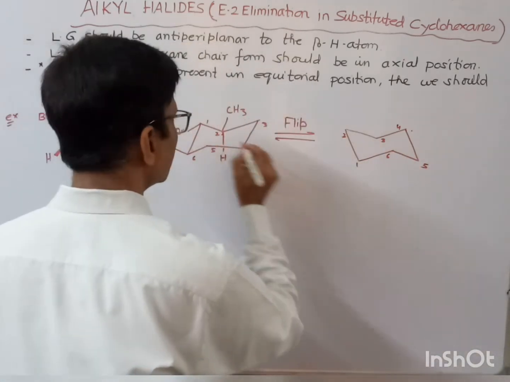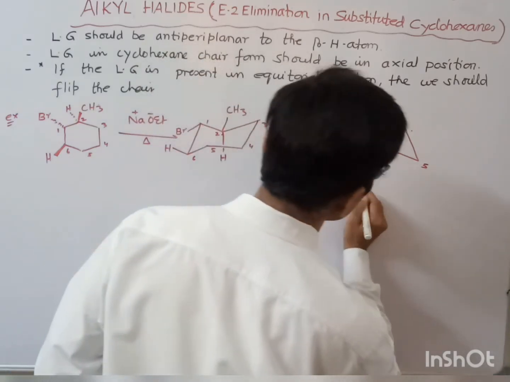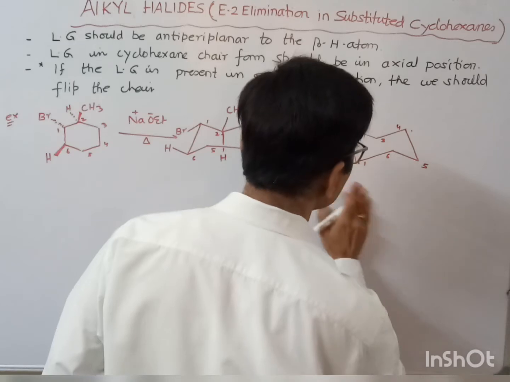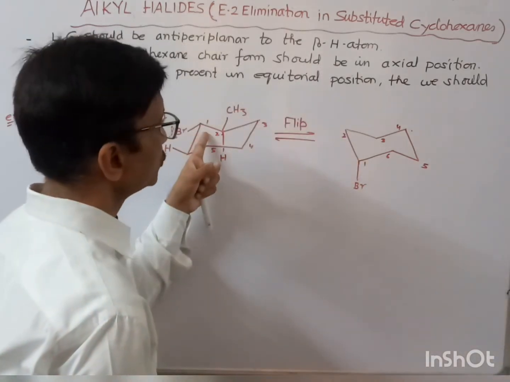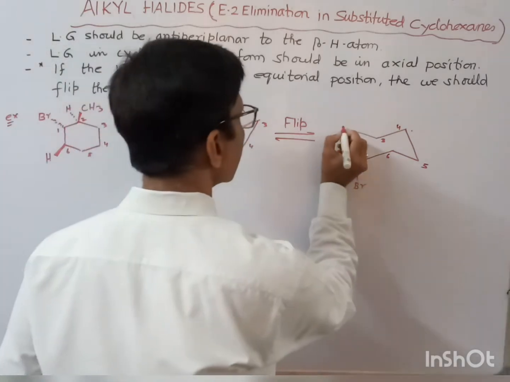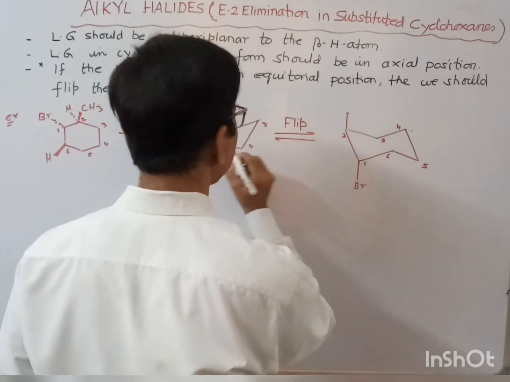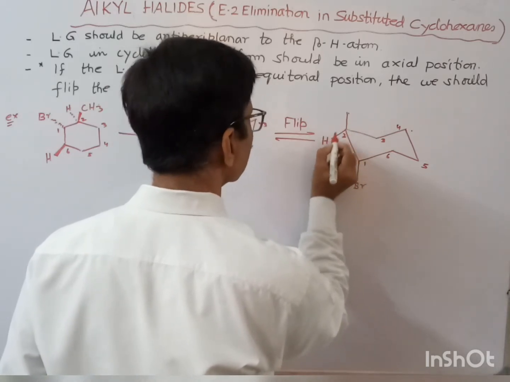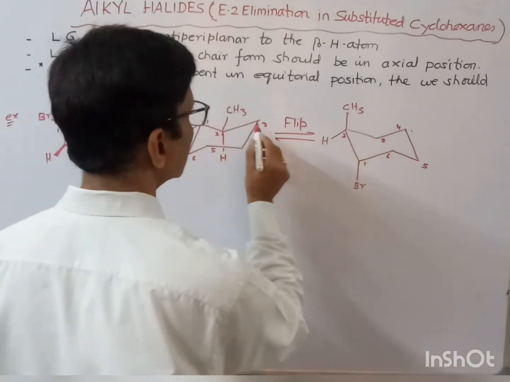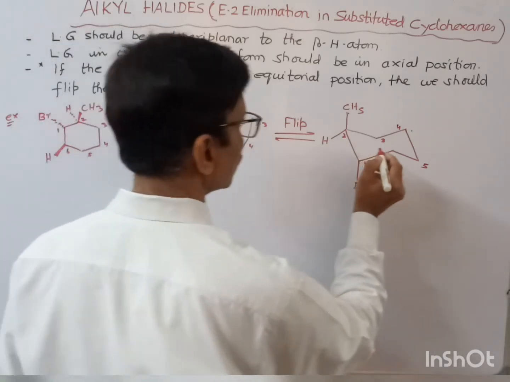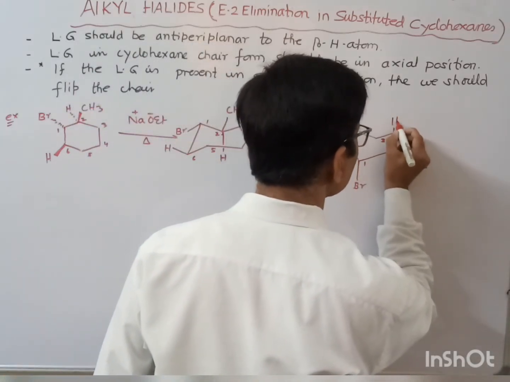At the first position the bromine is down, and at the 2nd position the CH3 is above and the hydrogen is down. At the 6th position the hydrogen is above.